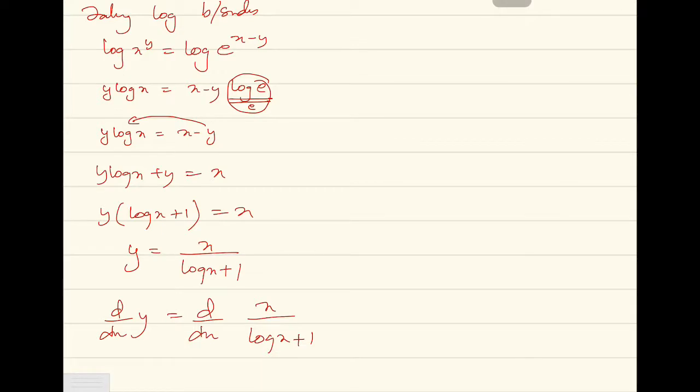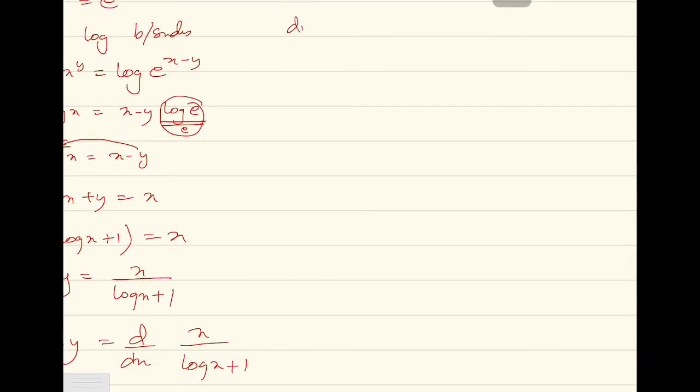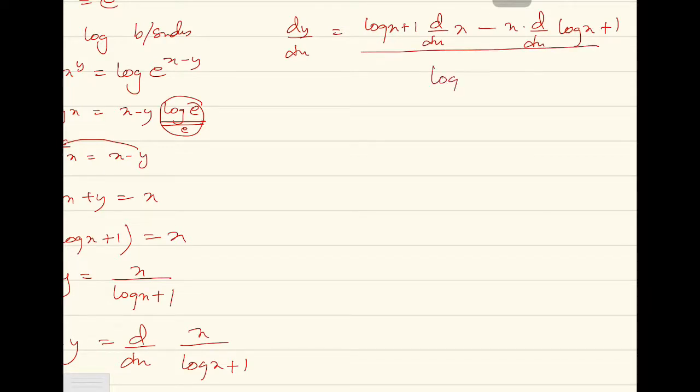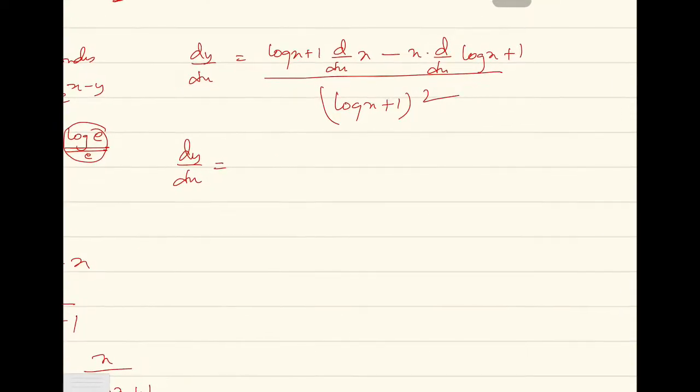Now that gives me dy/dx on my left, and on the right, (log x plus 1) into d/dx of x, the first, minus first into d/dx of (log x plus 1), divided by (log x plus 1) whole square, isn't it? So dy/dx equals, what is d/dx of x? 1, so no need to write that: log x plus 1 minus x, and what is d/dx of log x? 1 by x, and the 0, no need to write.